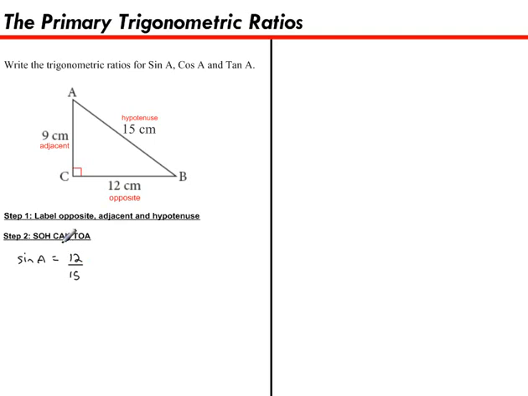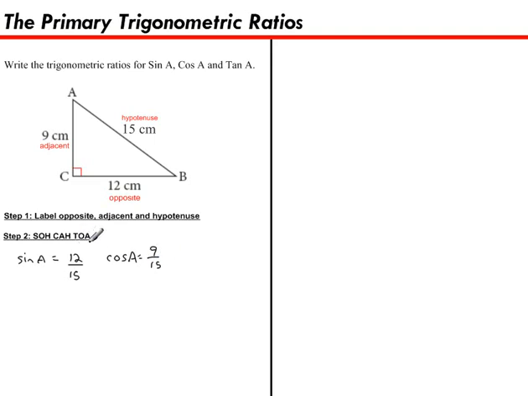All right, so let's move on to the second part, the CAH part. Cos is adjacent over hypotenuse. And maybe now you can start to see the pattern here. I'm going to say cos A is equal to, adjacent is 9 centimeters, so I'll say 9 over hypotenuse, which again is 15. And then we come to the TOA part of SOHCAHTOA.